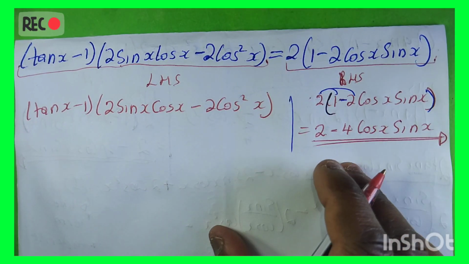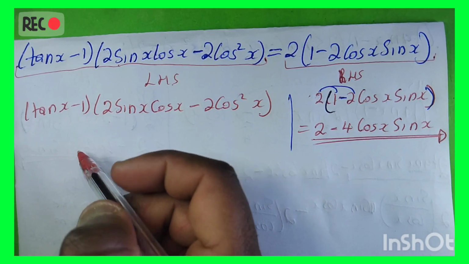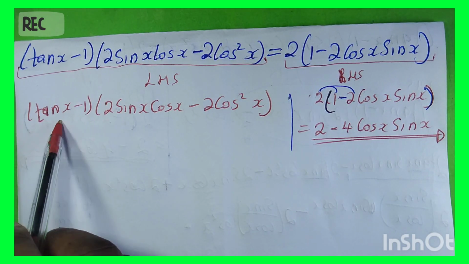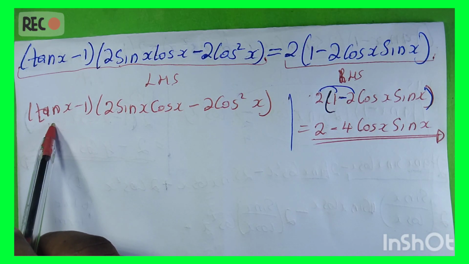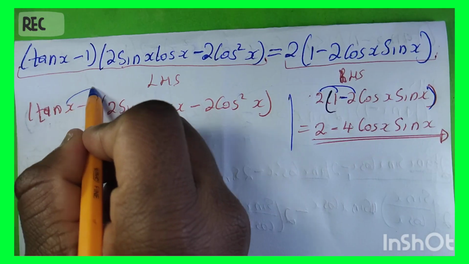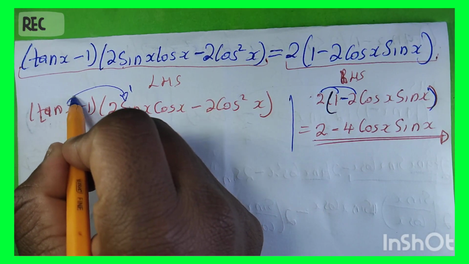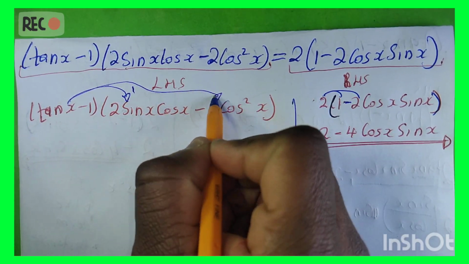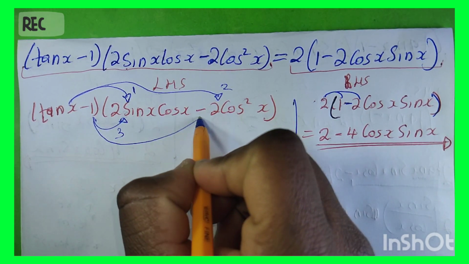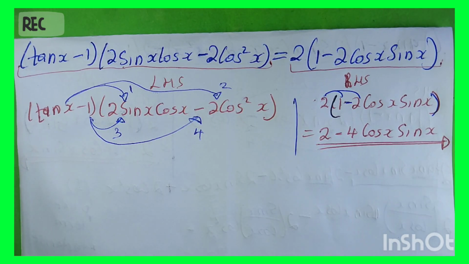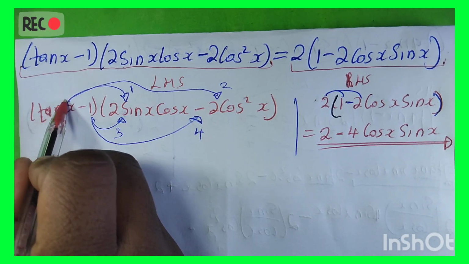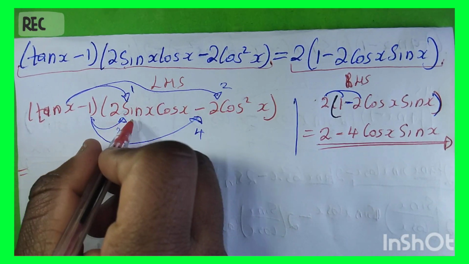So on my left hand side, guys, before I change this term, let me start by expanding to remove those brackets, meaning this will multiply here first, this one second, this one third, and then this multiplies that, which is the fourth.